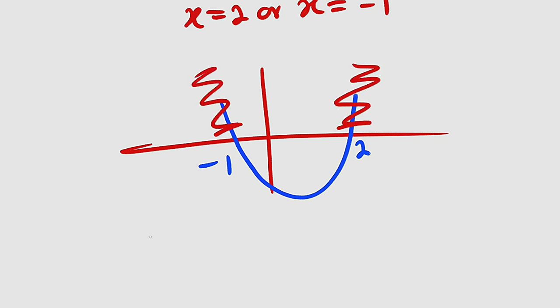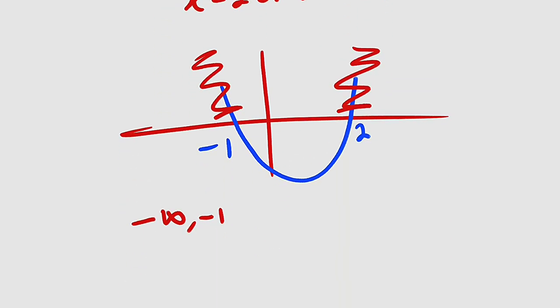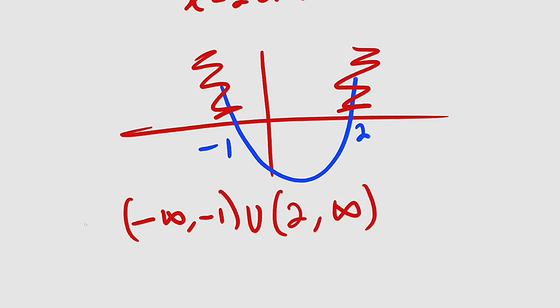So the solution would be from -infinity way down to -1, excluding -1 because this is just a greater than type. But suppose it is greater or equal to, you have to include -1. Union, then from 2 down to +infinity. So this is the solution, the values of x. But you should know that this is a wrong solution.